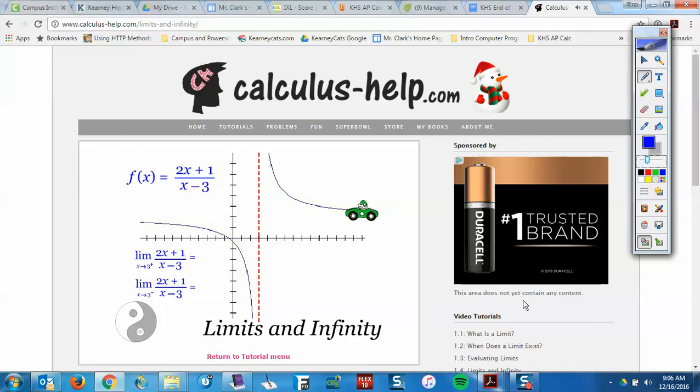Now by examining the graph of f, we can see that the limits as x approaches 3 from the left and right are different. As you approach 3 from the right, f gets infinitely large, so we can say that the limit as x approaches 3 from the right of f of x is infinity. However, as you approach 3 from the left, f of x gets infinitely negative, so we say that the limit as x approaches 3 from the left of f of x is negative infinity.